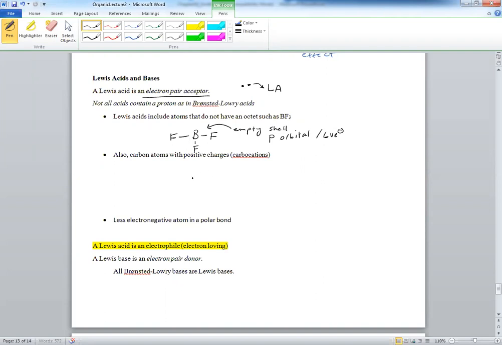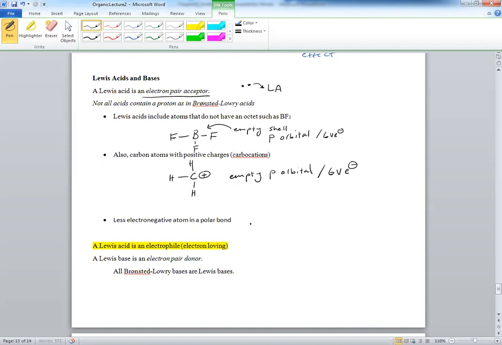Of course, there are others where you have carbons, like the ones we did with the formal charges, that have also a positive charge. They also have an empty p orbital. Once again, they have 6 valence electrons. So they can receive a lone pair as well.